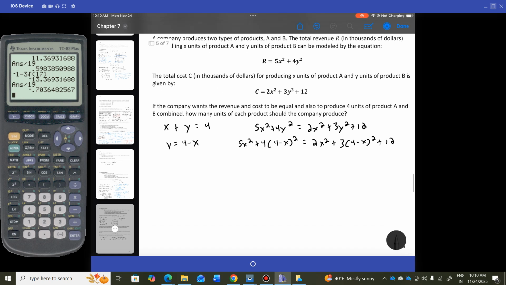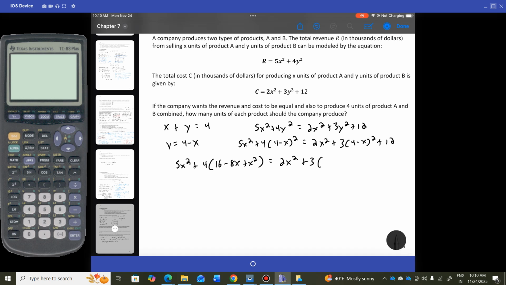Alright, so let's simplify this out. 5x squared, I'm going to multiply out the 4 minus x. So I'll get 16 minus 8x plus x squared equals 2x squared. And FOIL this out again, 3 times 16 minus 8x plus x squared plus 12.